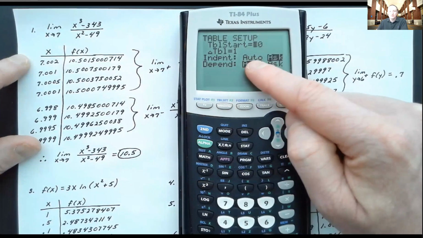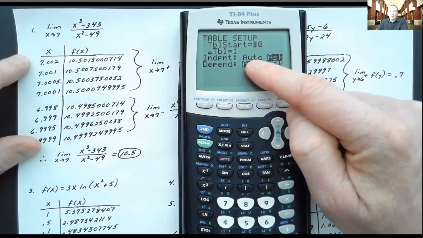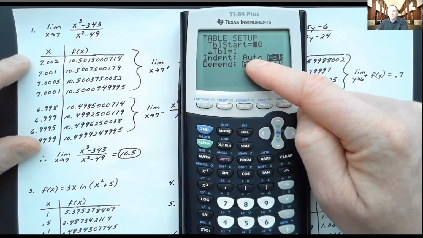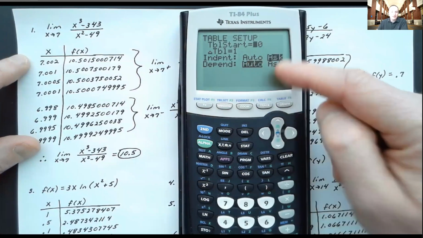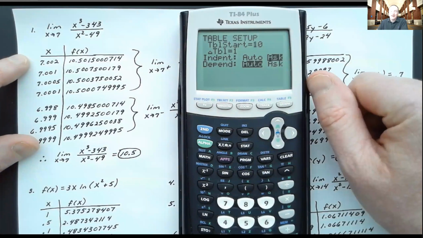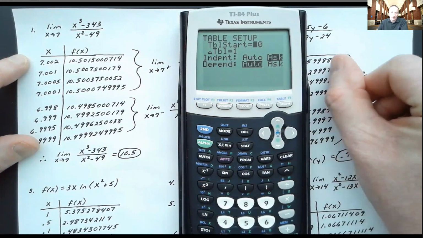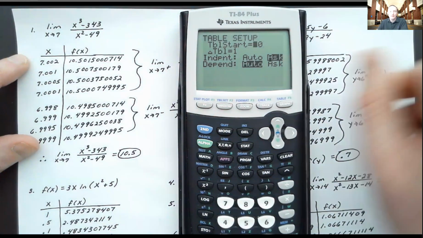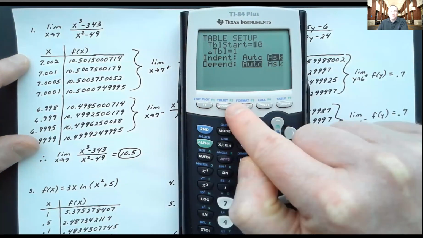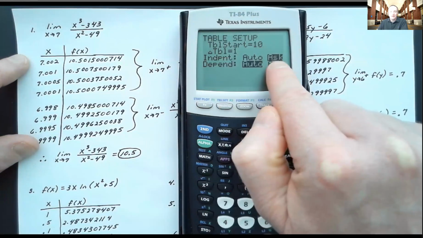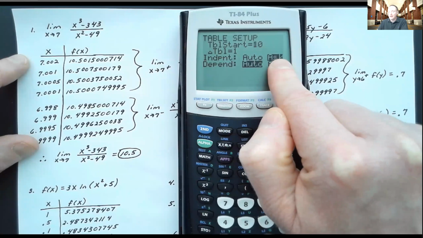Most algebra teachers want you to have the x values automatically given. So you can see when x is 1, 2, 3, 4, 5, 6, and you can just keep on scrolling through there. Never is that going to be helpful again. You want to be able to input the x component and have it give you the y component. So when you go second table setup, that independent needs to be on ask, and you'll never want to move away from that ever again.